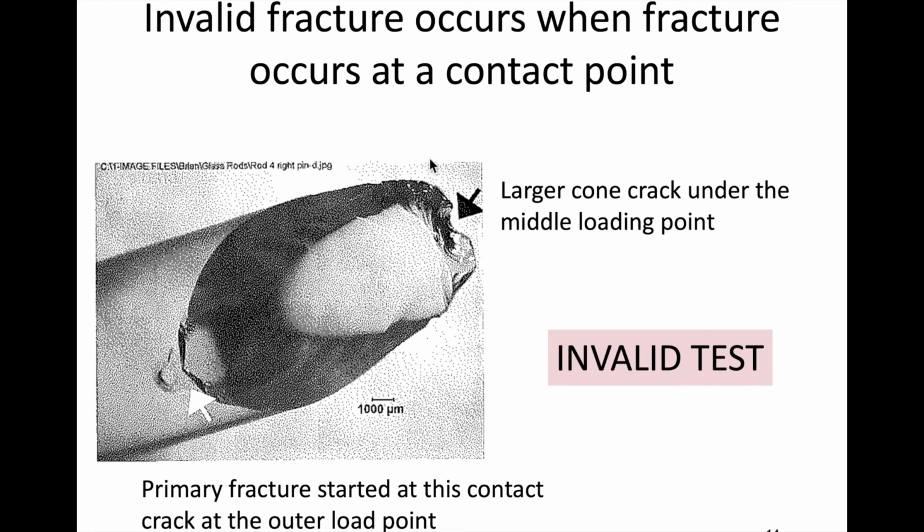But it also had another fracture or crack, this sort of cone that you see at the middle loading point. This just shows you some of the different types of fracture, and what fracture looks like a little bit differently when it's based on these contact points.